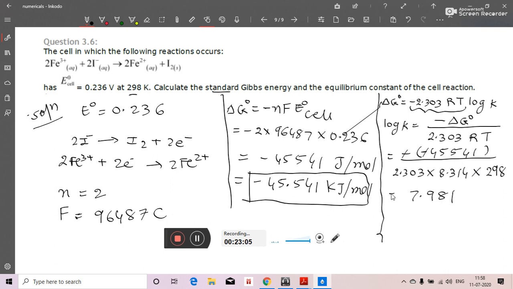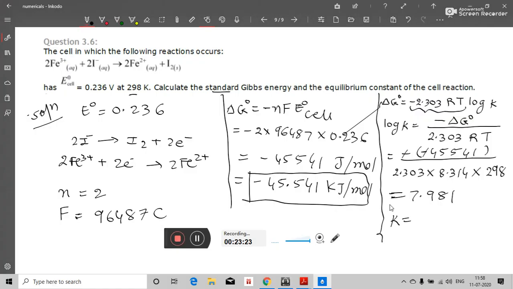Now we have to find out K. So log on the other side will become anti-log. So K will be equal to anti-log of 7.981.